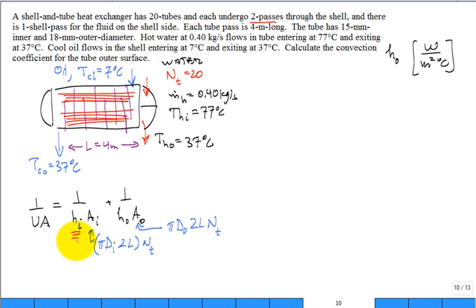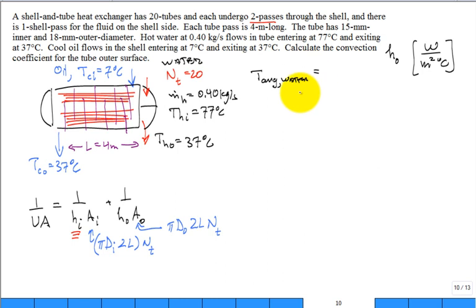True? So, in order to get it, I need to get fluid properties. So, what is the average temperature that I use to evaluate the properties for the water? Because the water fluid properties are temperature dependent.